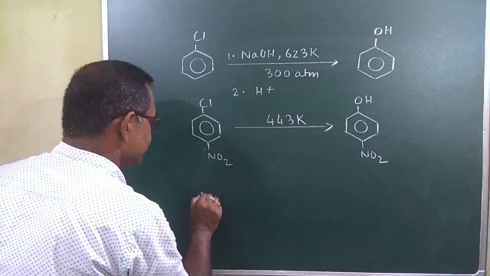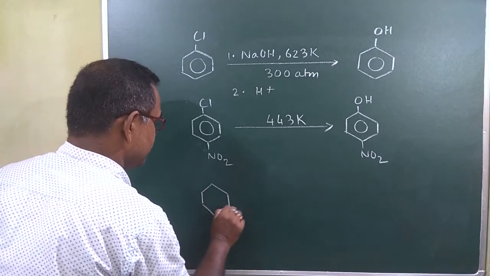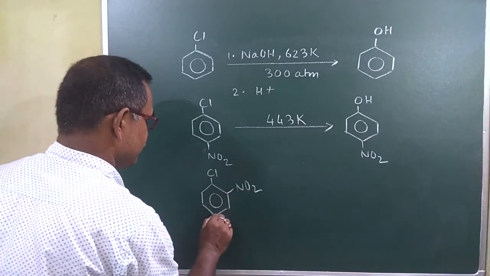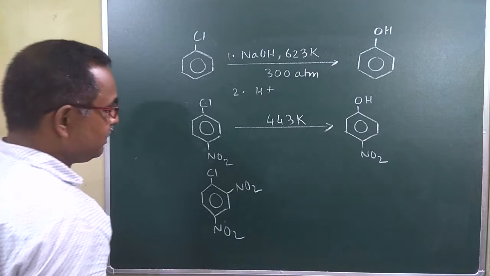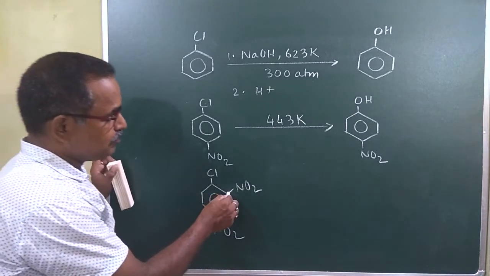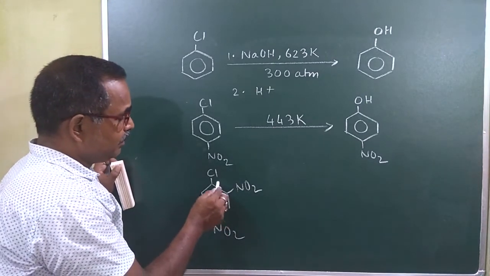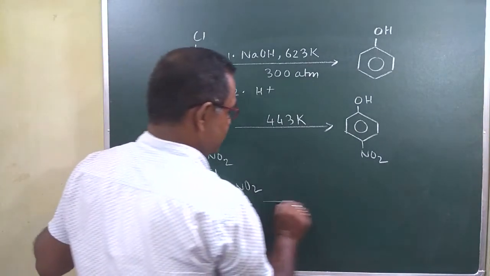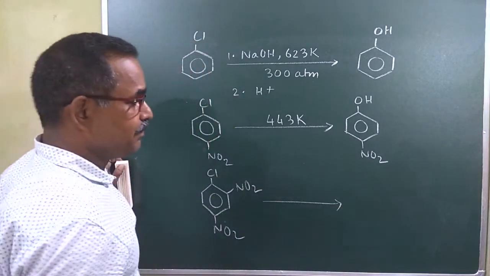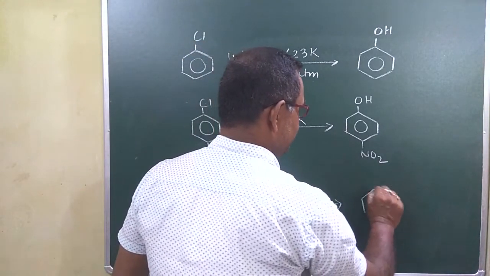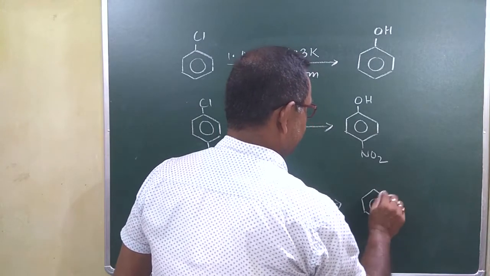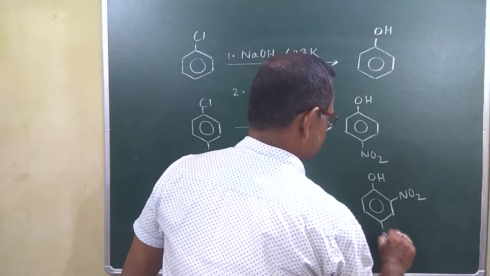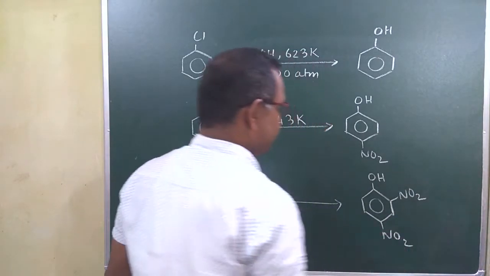Consider this one. Now we have two nitro groups at position 2 and 4. This is 2,4-dinitrochlorobenzene. In this case, if you carry out the same reaction, we'll have this product.